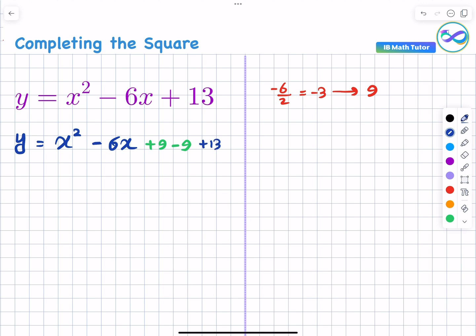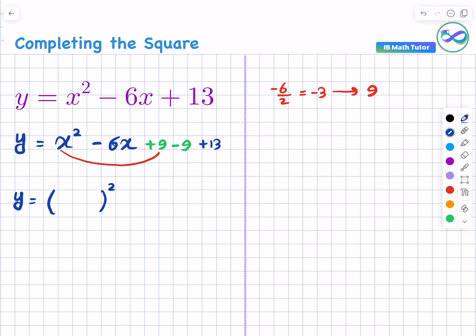Now, the reason why we do this is that the first three terms will always make a perfect square trinomial, which means they can be written like this, bracket squared.